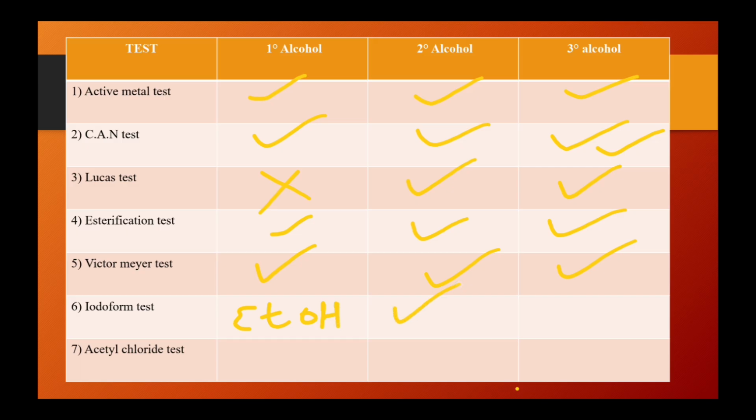Secondary alcohols containing the CH3CHOH group give the iodoform test. Tertiary alcohols do not give the iodoform test. Then the acetyl chloride test: all the alcohols will give the acetyl chloride test. So this is the conclusion of the different tests to find out alcohols present in an organic compound.